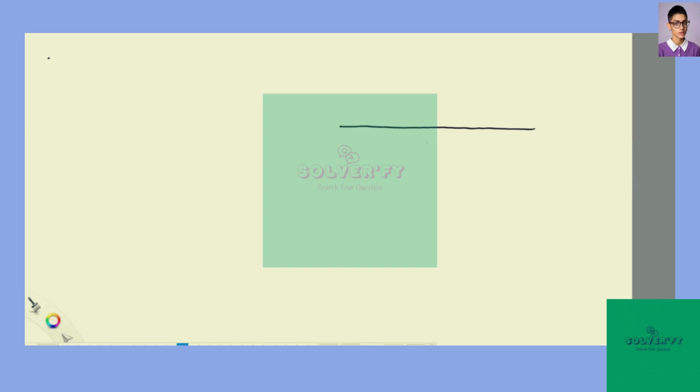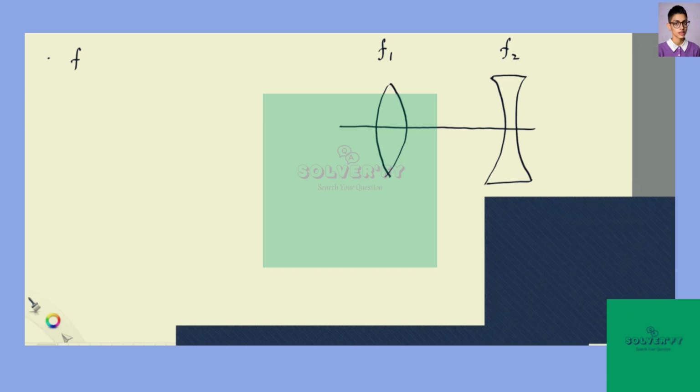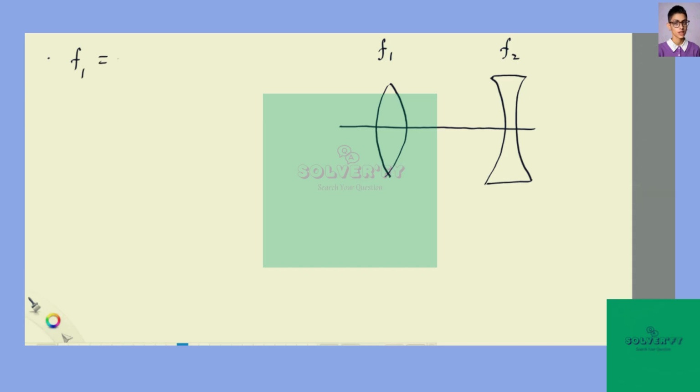The first one is a converging lens of focal length f1, and the second one is a diverging lens of focal length f2, where the values of the focal lengths are, for f1, plus 30.0 centimeter, and for f2, minus 20.0 centimeter.